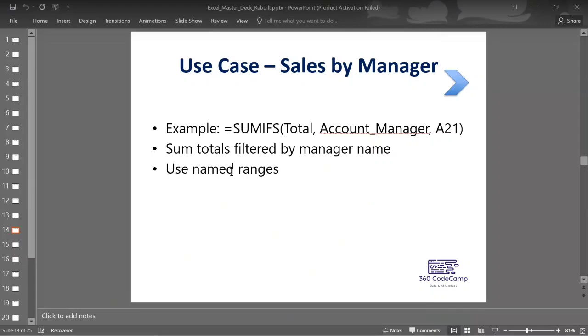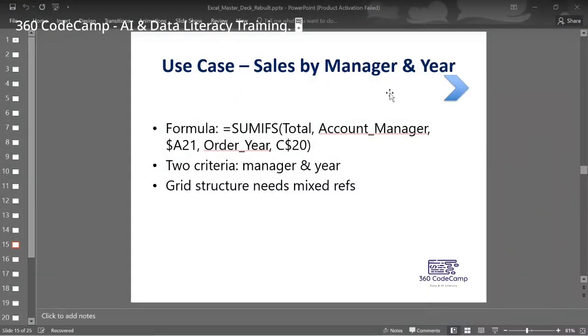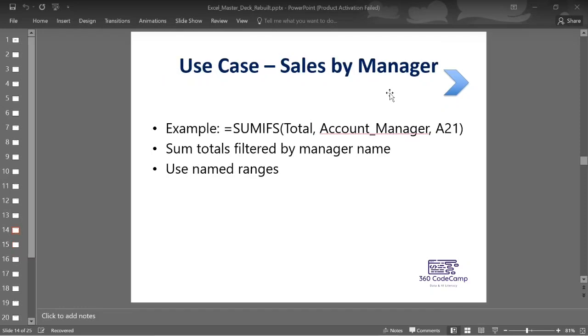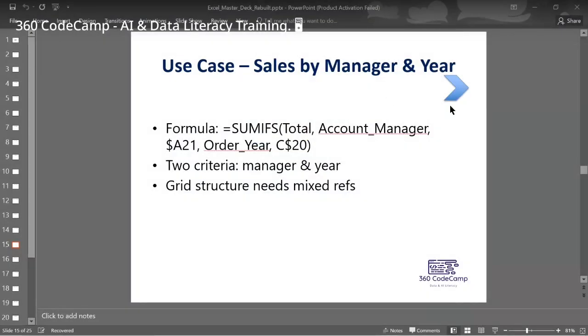When we finish this use case, the next use case is sales by manager and year. The first one was just sales by manager. Now we want to see sales by manager and which year. So you sum the total, the account manager as the criteria, then another, this is multiple now, the year, as criteria range 2 and its criteria.